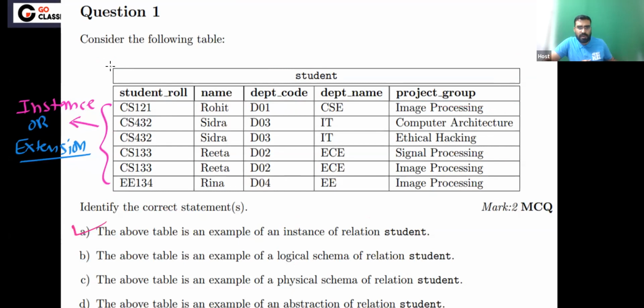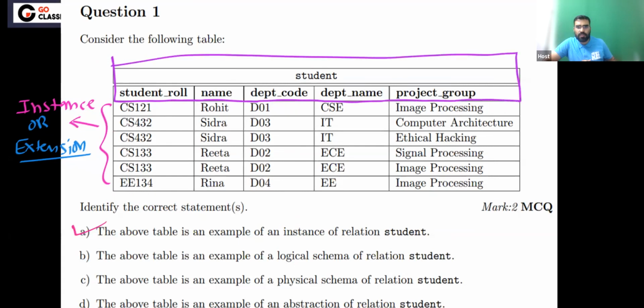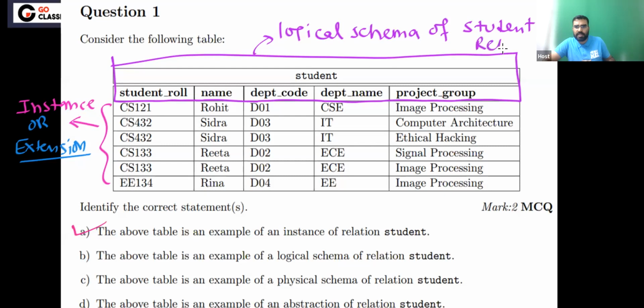We have already seen this in the lecture when we studied the 3 levels of schema. If you look at only the structure, this is the conceptual or logical schema of the student relation.